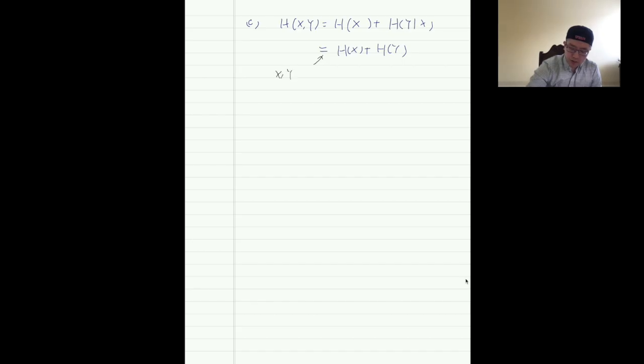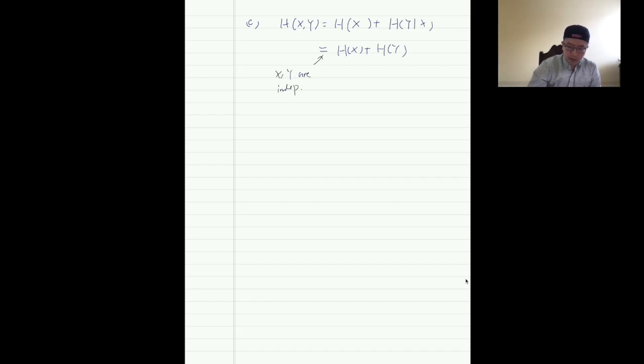What we can know here is, as we have seen before, for the joint entropy, H(X,Y) equals H(X) plus H(Y given X). That can equal H(X) plus H(Y) when X, Y are independent.